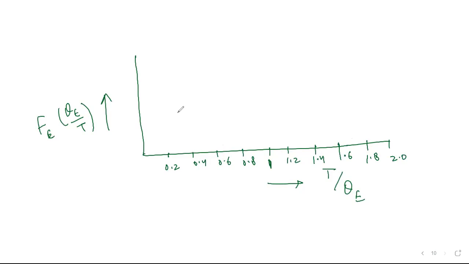On this side I have 0.2, 0.4, 0.6, 0.8, 1.